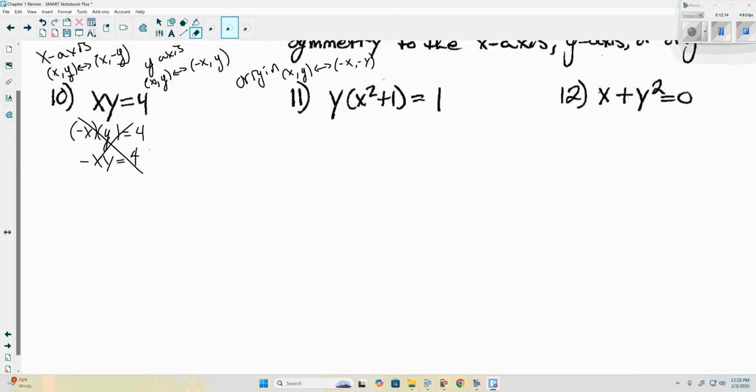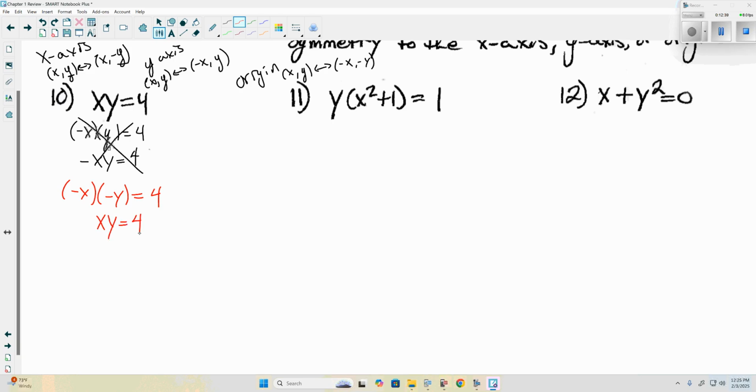So the last one we can try is origin. And if it's symmetric to the origin, it means we're replacing both the x and the y by negative x and negative y respectively. Now negative x times negative y is going to be what?